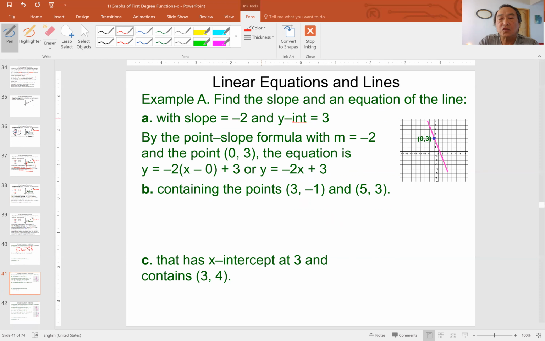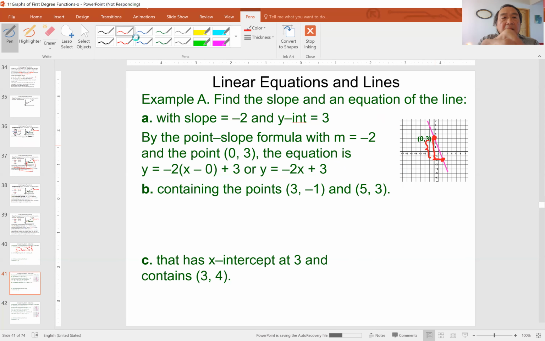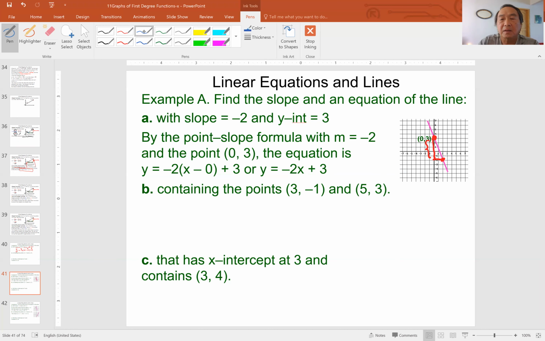Slope -2 means if I look at 2 points on this line and take the height divided by the run, it is 2 to 1.